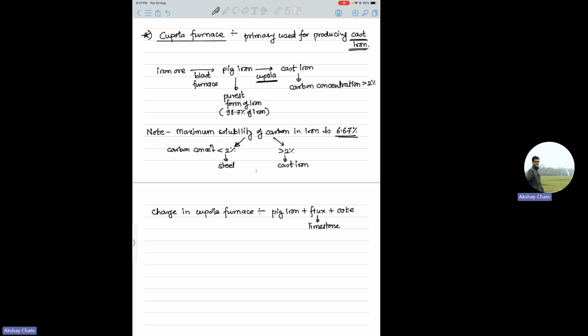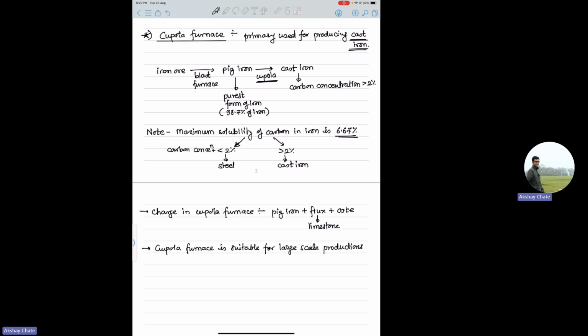Okay, so the advantage of the cupola furnace is that it is suitable for large scale productions.